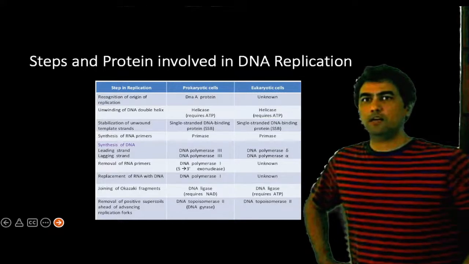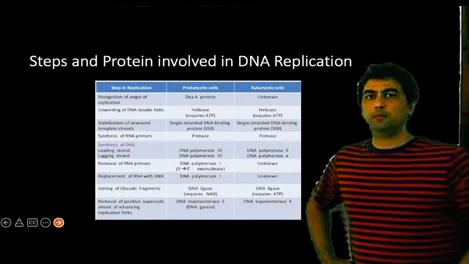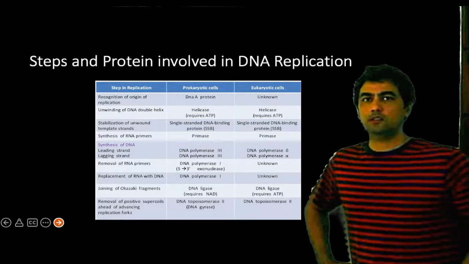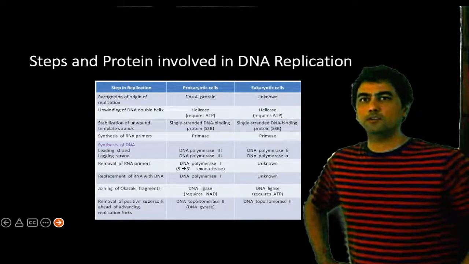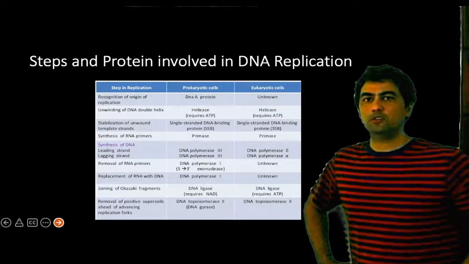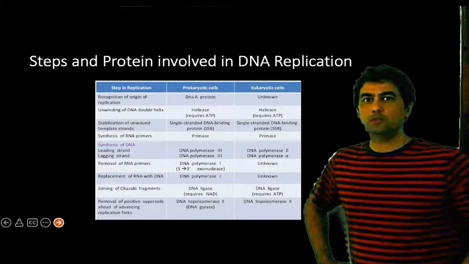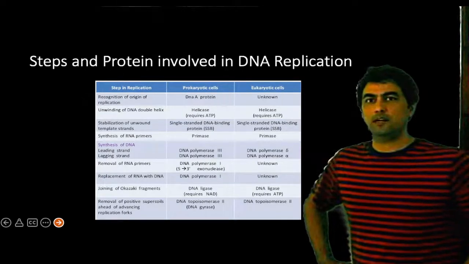Synthesis of RNA primers is done by primase in both eukaryotic and prokaryotic cells. Synthesis of DNA: in prokaryotic cells, the leading and lagging strands are made by DNA polymerase 3.